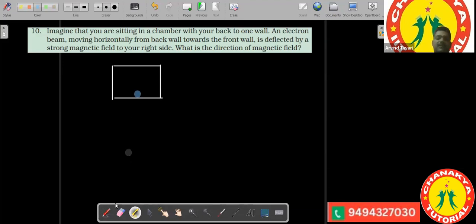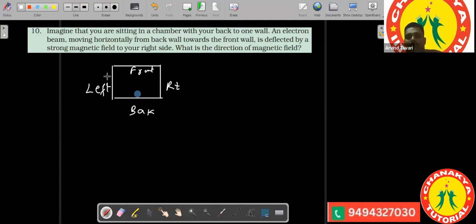Okay, here you are sitting. So this is your back wall, this is your back, front. So this will be your right and this will be your left. Okay. Understood these directions?